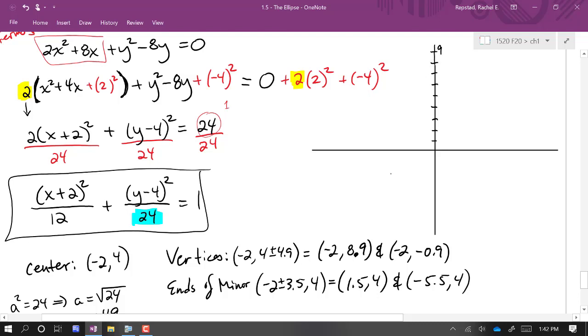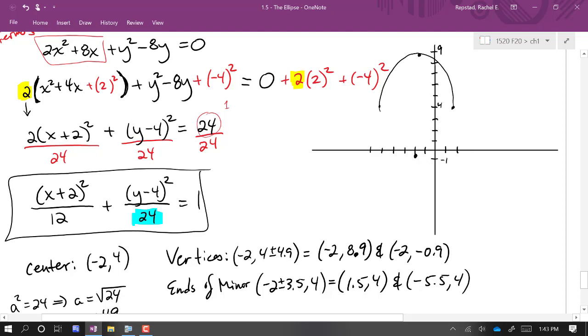So that's up at 9 right there, and down to, there's -1, and so -2, 8.9, that's going to be around there. -2, -0.9 is about there. 1.5, 4 is about there, and -5.5 is about there, and it looks something like this.